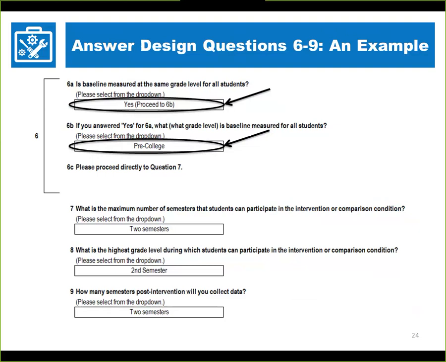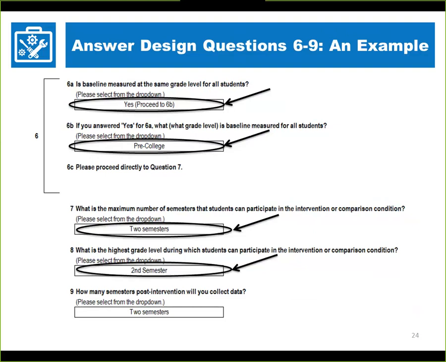Next, we go on to question 7, which asks, what is the maximum number of semesters that students can participate in the intervention or comparison condition, which is 2 semesters in our example. Question 8 asks, what is the highest grade level during which students can participate in the intervention or comparison condition, which is their 2nd semester in college in our example.